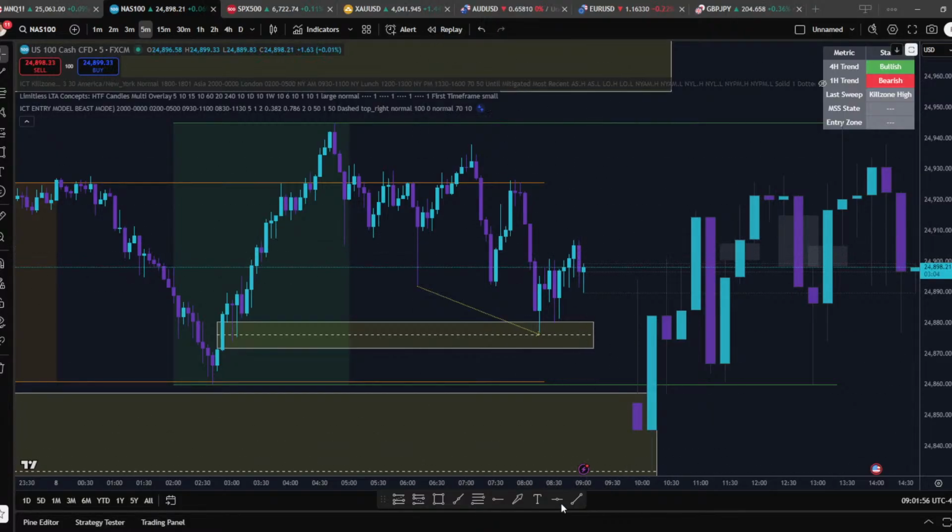I haven't looked at news today, guys. I have not looked at news today, so let's have a look. Economic calendar. Not much. 2 o'clock.